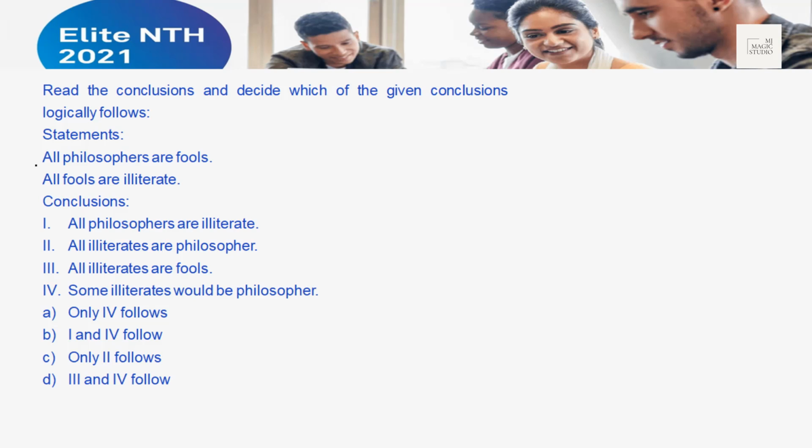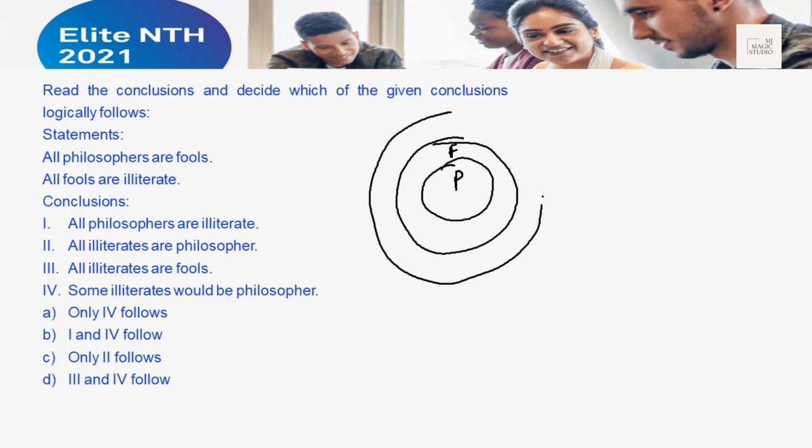There are two statements again in this question. All philosophers are fools. So these are philosophers and all philosophers are fools. All fools are illiterate. All fools are a subset of illiterate people. Now conclusion 1: all philosophers are illiterate. Since philosopher is a subset of illiterate, all philosophers are illiterate.